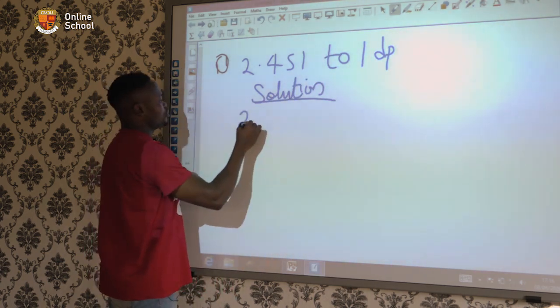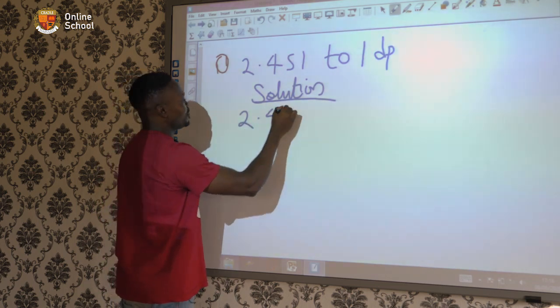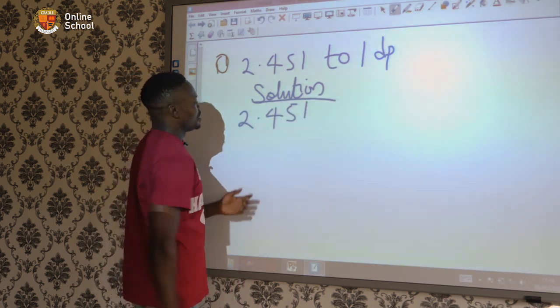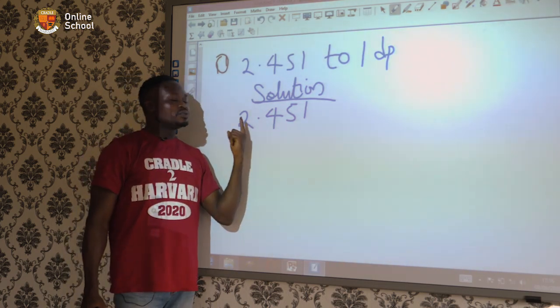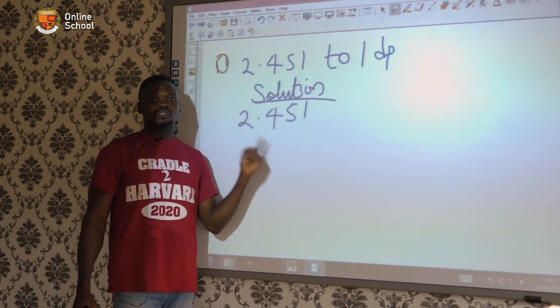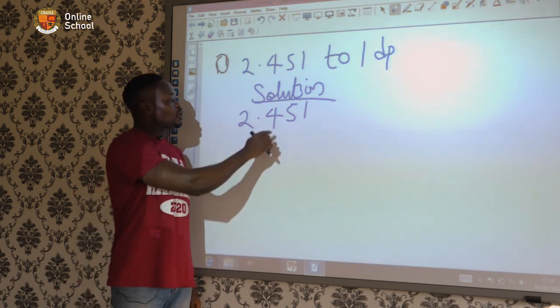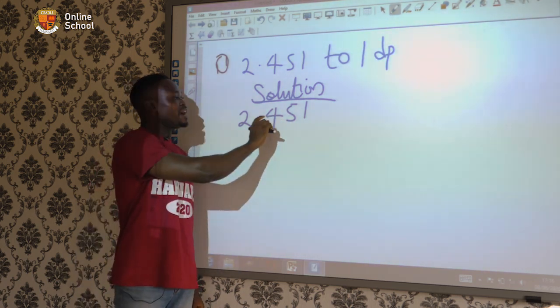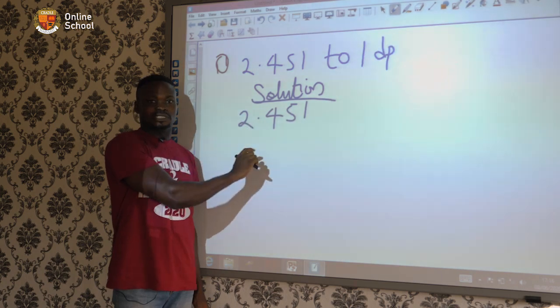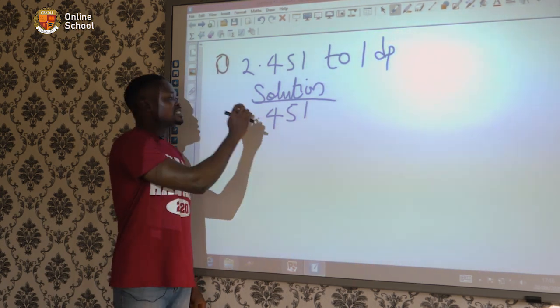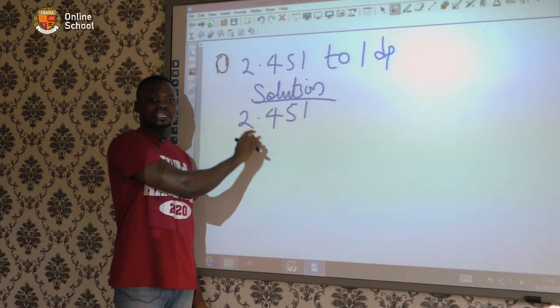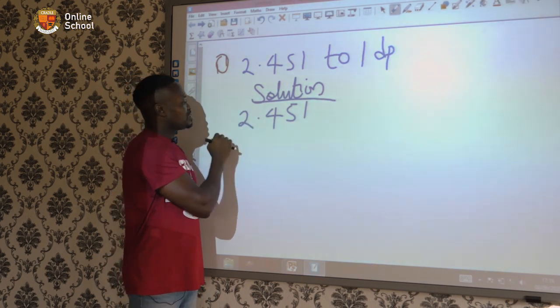You write 2.451. Whenever you are asked to approximate to 1 decimal place, what you are going to do is that you consider the digits after the decimal point. Since we are working with 1 decimal place, you have to look at the question you are given.